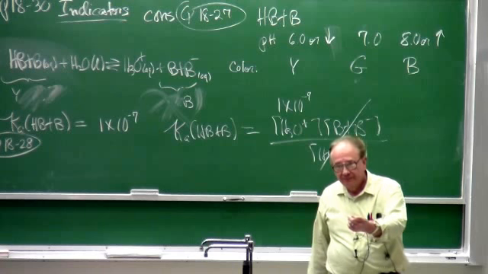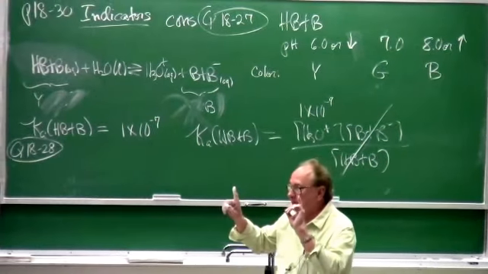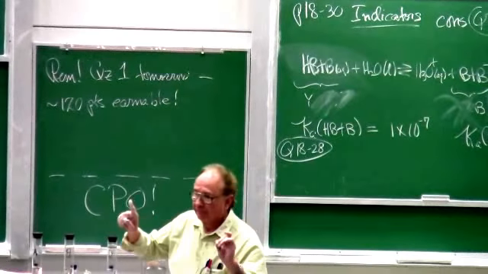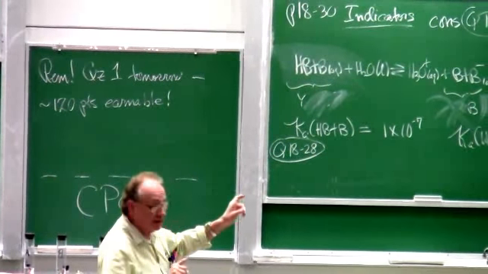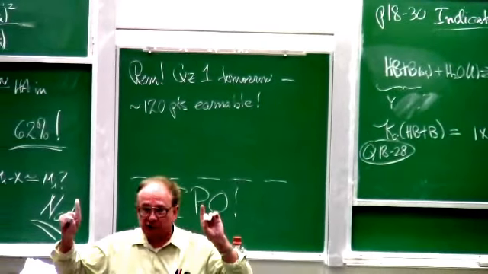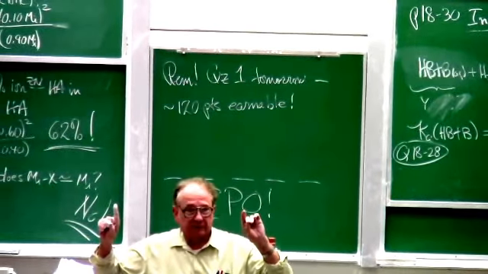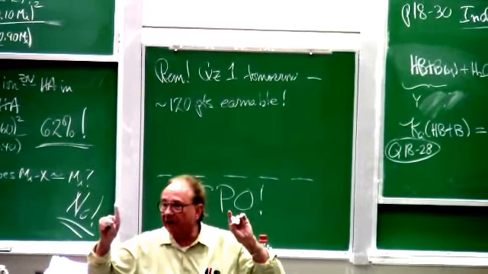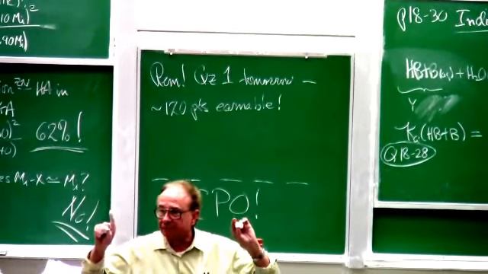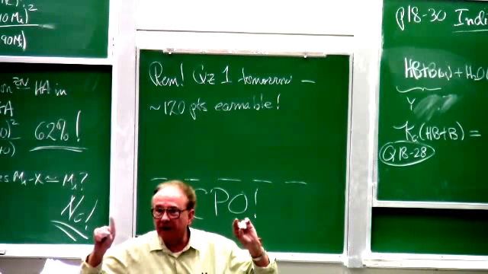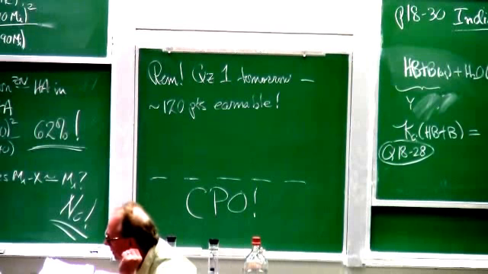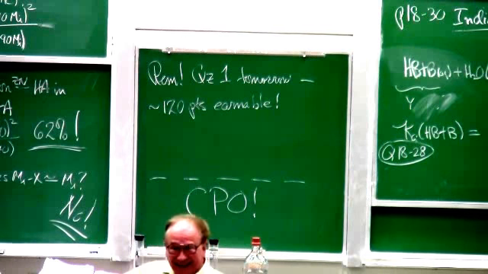Statement. When you have the boundary pHs for an indicator, for this indicator 6.0 and 8.0, the pHs below which and above which no further color changes are observed, all you need to do is take those boundary pHs, add them up and divide by 2, and that'll give you the pH when the indicator is ionized to what extent? 50%!